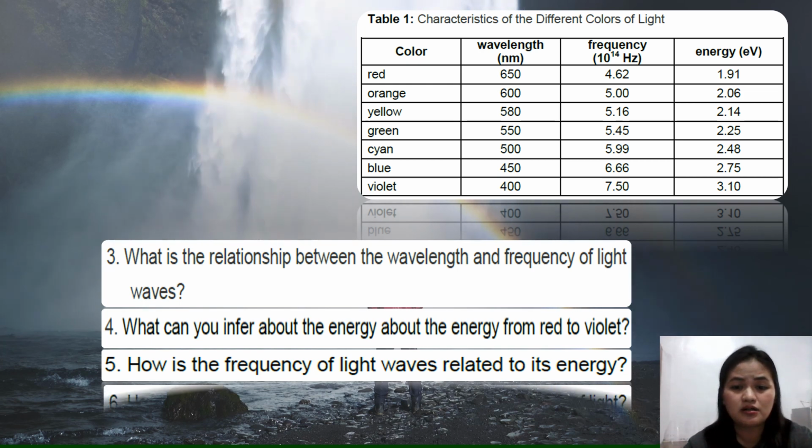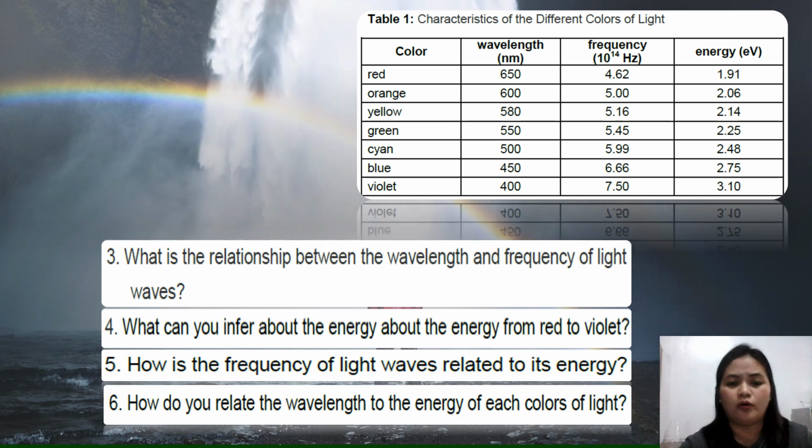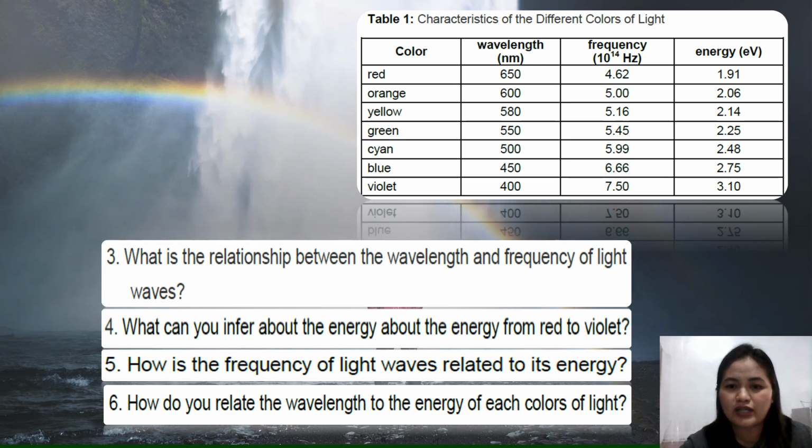Question number 6. How do you relate the wavelength to the energy of each color of light? O relasyon ulit. Wavelength and energy. Diba kanina sinabi ko si wavelength lang yung kakontra dun sa pictures kanina, yung mga araw-araw. Wavelength from 650 down to 400.